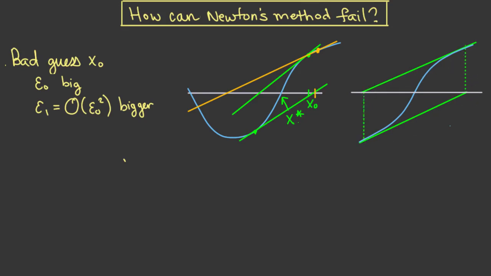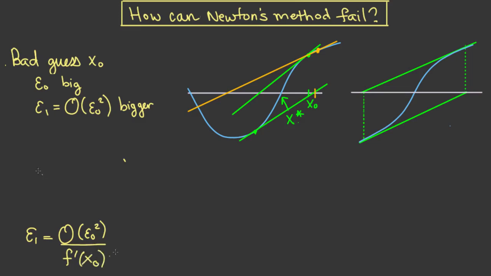What's the other way that the error can get big? Well, remember that we said that epsilon sub 1 was on the order of epsilon 0 squared, but what we really saw in our derivation was that it was on the order of epsilon 0 squared divided by f prime of x0.